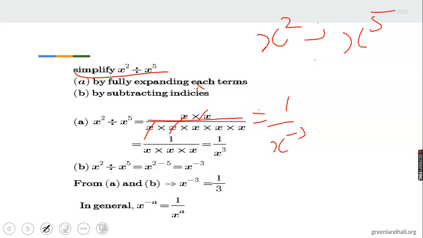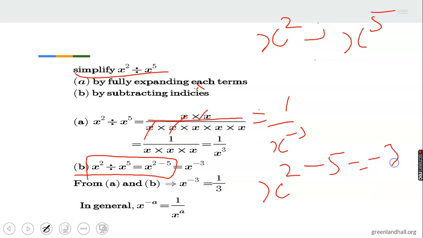Right? Now, when you subtract indices, x squared minus 5. From our number line knowledge, we know 2 minus 5 equals minus 3. Now, from A and B also, you know that x raised to power minus 3 equals 1 all over x cubed.